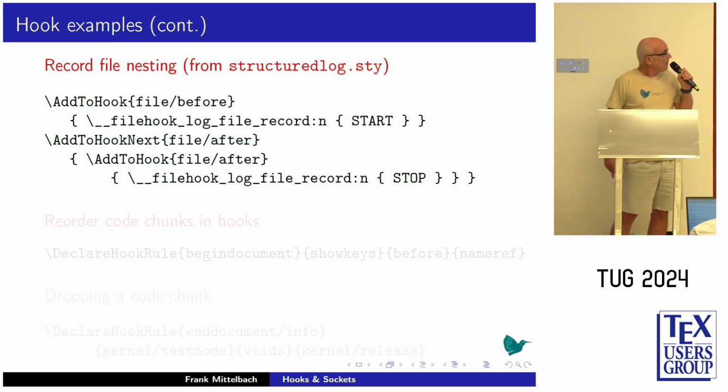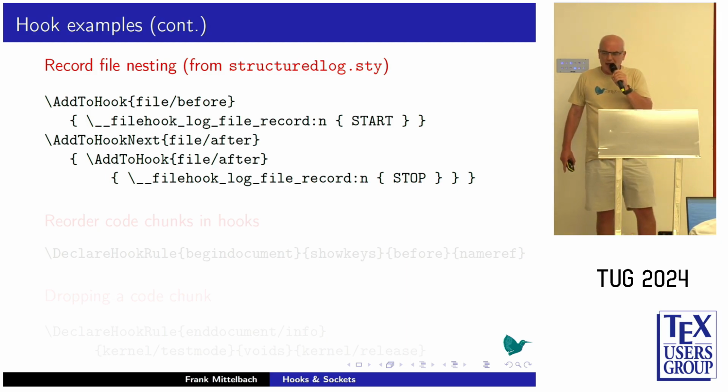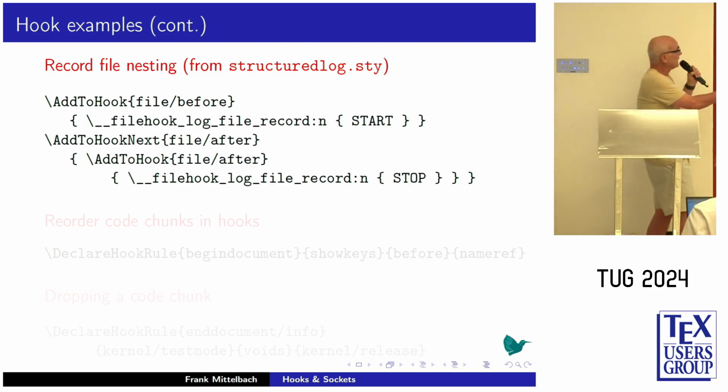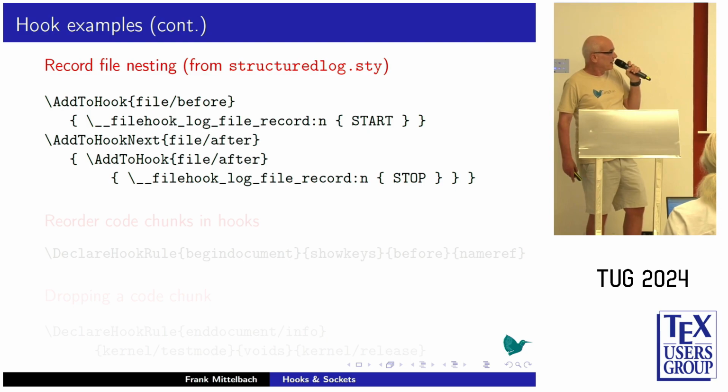The important is before a file is loaded, and this is a hook which is run for every file being loaded with input or something similar. It runs this file hook log recording start command, and for every ending of such a file, it runs the stop command.